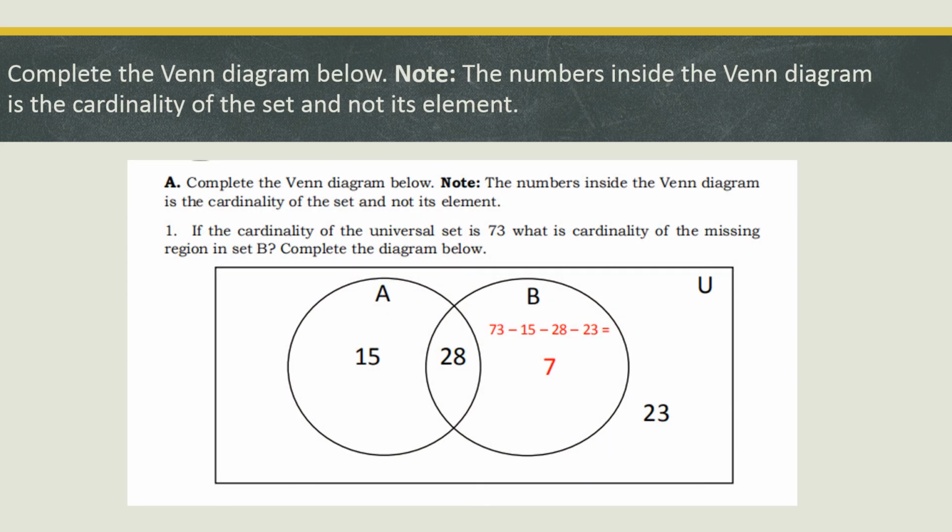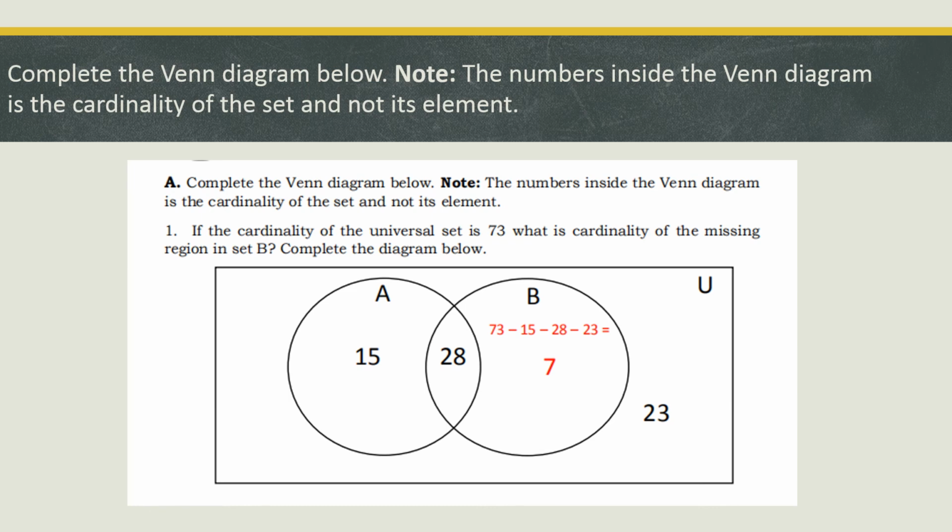Okay? So, let's say for example this one. Naa ni sa inyong module or sa inyong mga books na yung mga ingani. So, complete the Venn diagram below. Take note, the numbers inside the Venn diagram is the cardinality of the set and not its element. Meaning, kaning 15 ug 28, dili ni sila elements. Meaning, there are 15 elements nga nasa imong A. Nakuha?